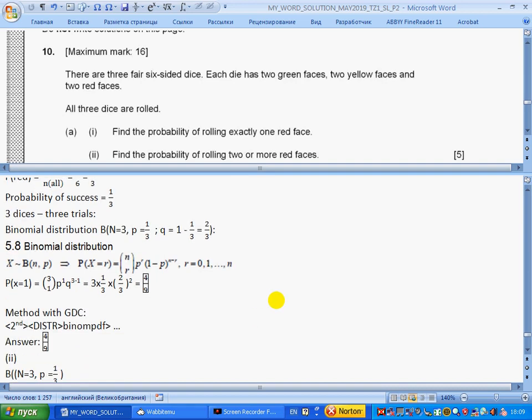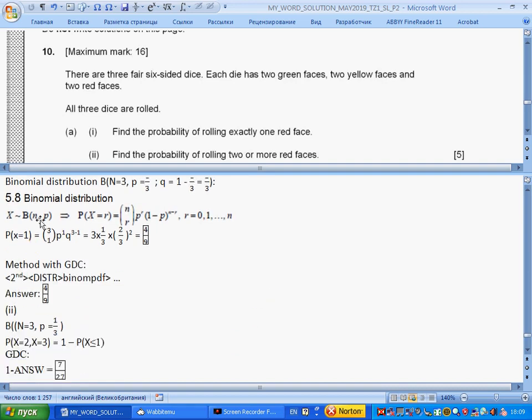The probability of exactly 1 red will be given by the binomial coefficient, probability of success to the first power, probability of failure to the power 3 minus 1. So we can calculate it and get 4 over 9.